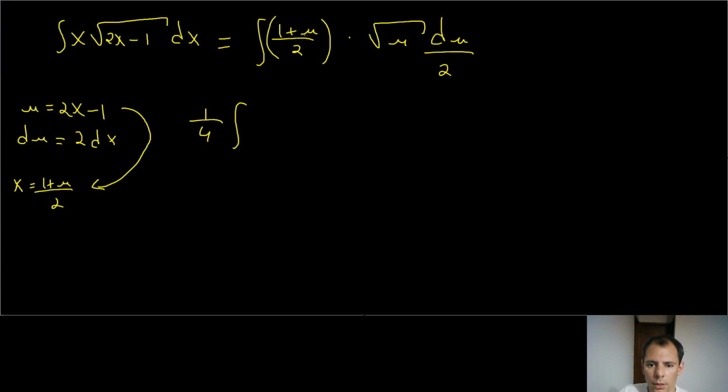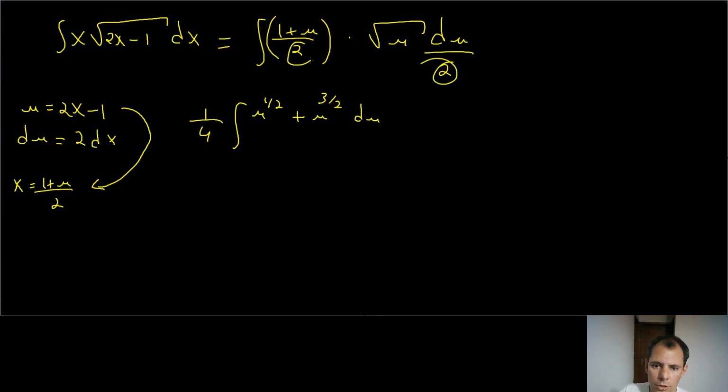All right, and what do you have in here? You're going to have 1 u. I'm multiplying this 1 by this square root of u, so it's going to be u to the 1/2 plus u to the 3/2, because it's 1 plus 1.5, u to the 3/2, du.